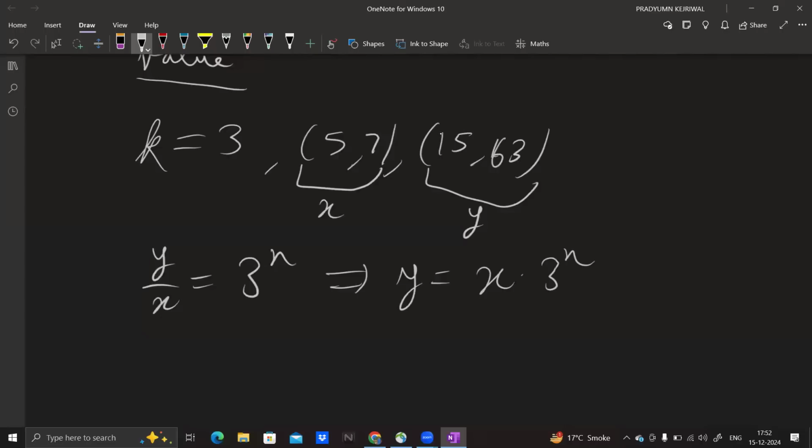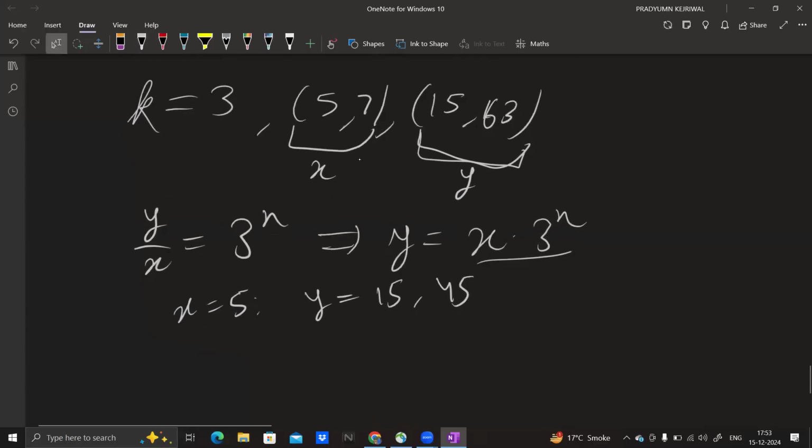That is one thing. Let's say in this case we want to count. So how will we count? If x equals 5, then what can we have? Then y can be a multiple of 5, like 5 into 3 to the n. So 15, because it is in this range, or we can have 45. Then let's say x equals 6.